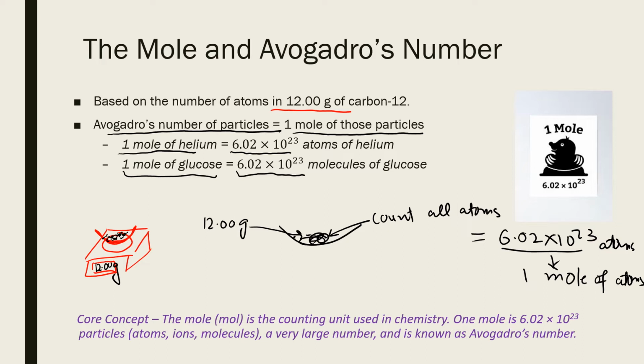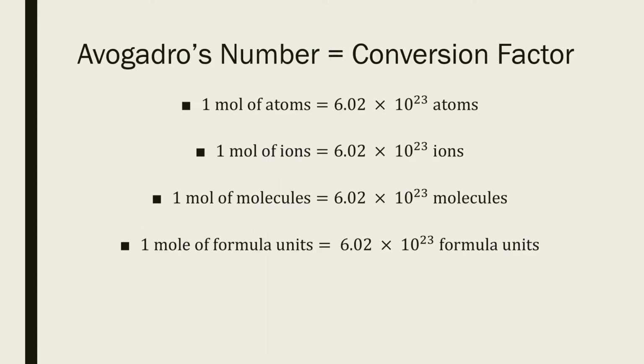Just like you may have 1 dozen eggs, bananas, or oranges, meaning 12 of each, similarly you may have 1 mole of any atom, which means 6.02 times 10 to the 23 of those atoms. So Avogadro's number serves as a conversion factor between 1 mole and the number of any kind of particles. Therefore, we can use Avogadro's number as a conversion factor.